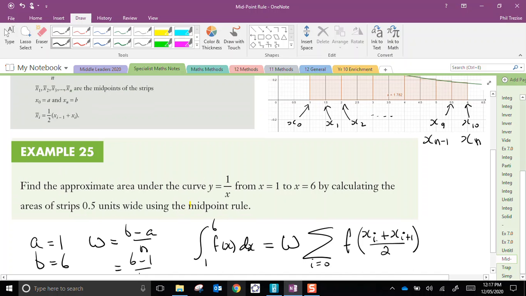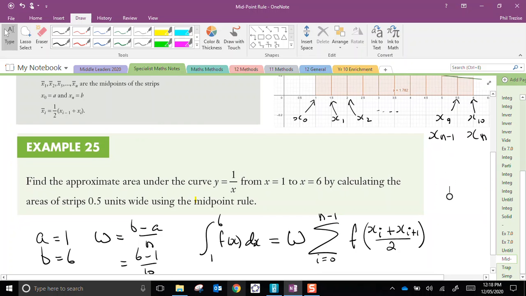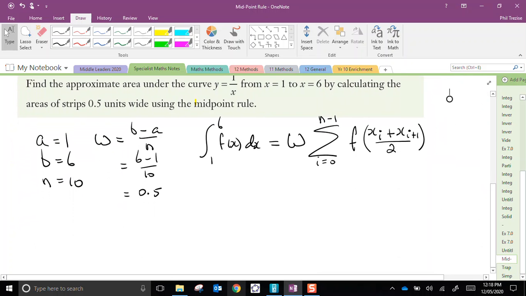When i equals 1, this will read x1 plus x2, which is going to find the midpoint of my second rectangle. Where do I want this to finish? I want this to finish with reading x9 plus x10. Or more generally, I want this to finish with i equaling n minus 1. Now that's the general version of the rule.